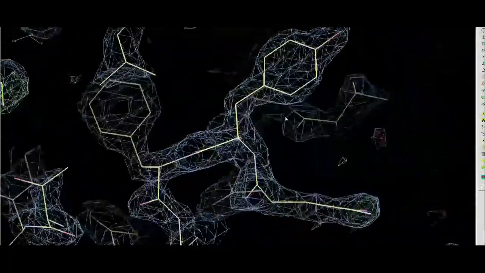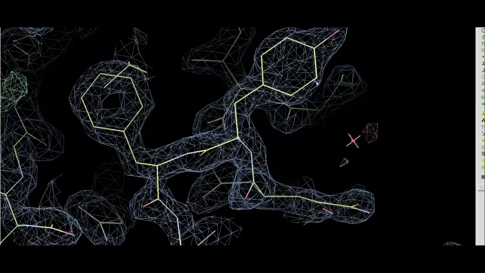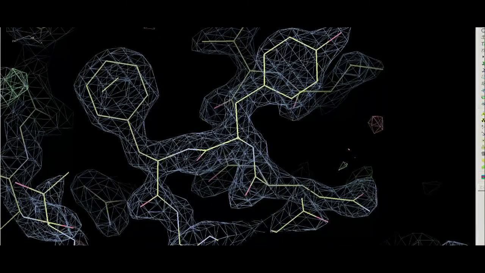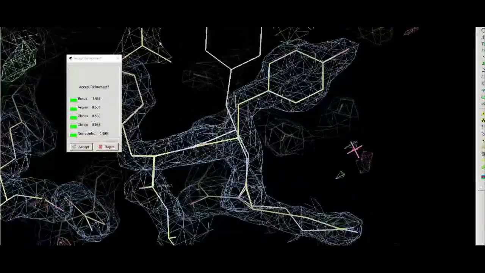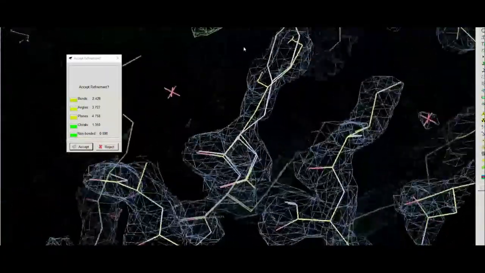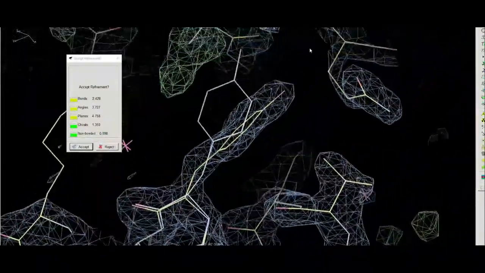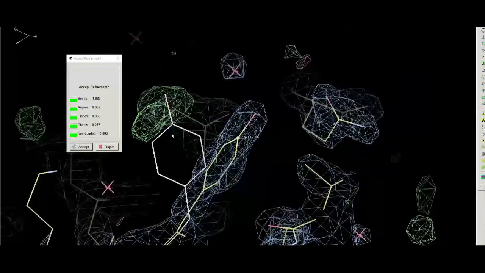So what you would do if you were trying to fix this is you'd want to model in all these atoms and then try to align them into the electron density. Let's see, there I was able to shift that over there. You could try shifting it over there.